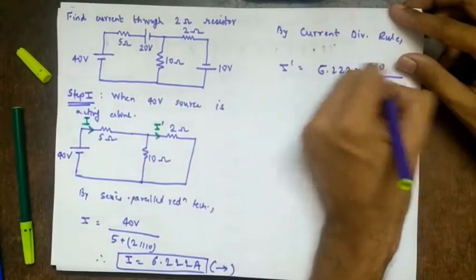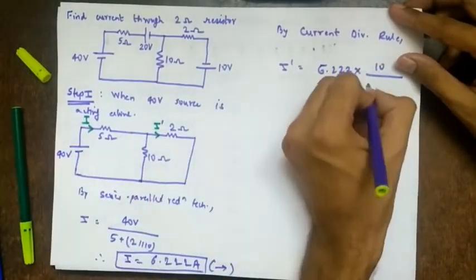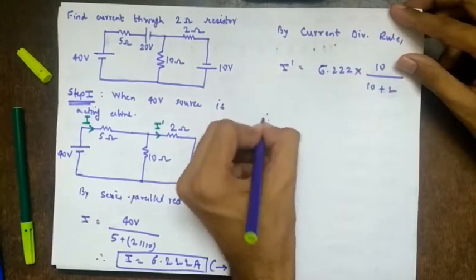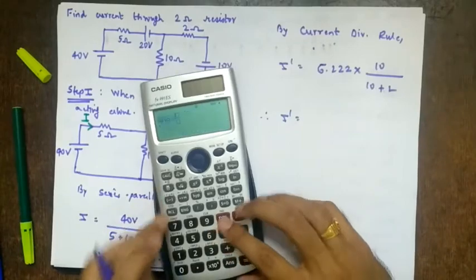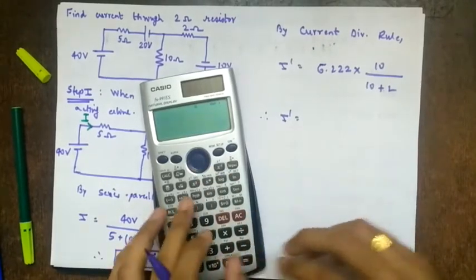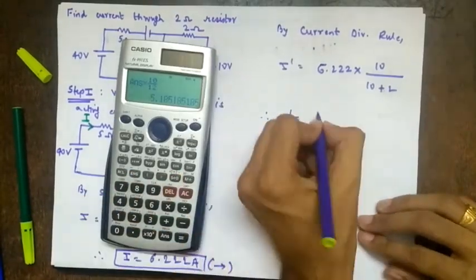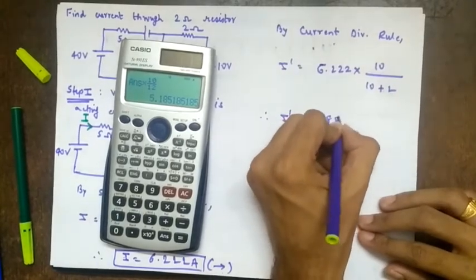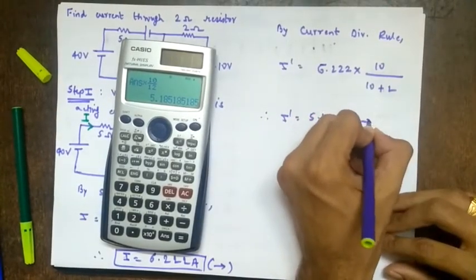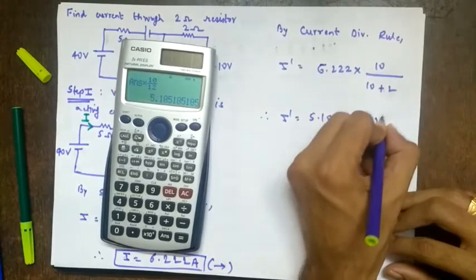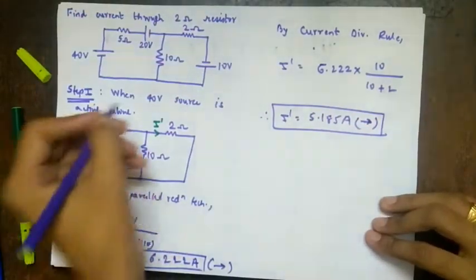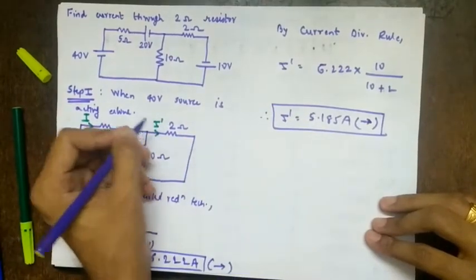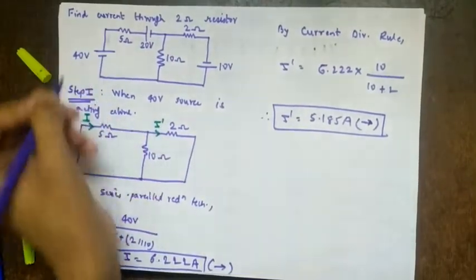You have already done this. On total resistance of the loop, so 10 plus 2. So therefore I prime equal to 6.222 into 10 upon 10 plus 2 is 12, so 5.185 amperes towards right. Fine. Next what we have to do? So we have got the current through 2 ohms using 40 volt source.